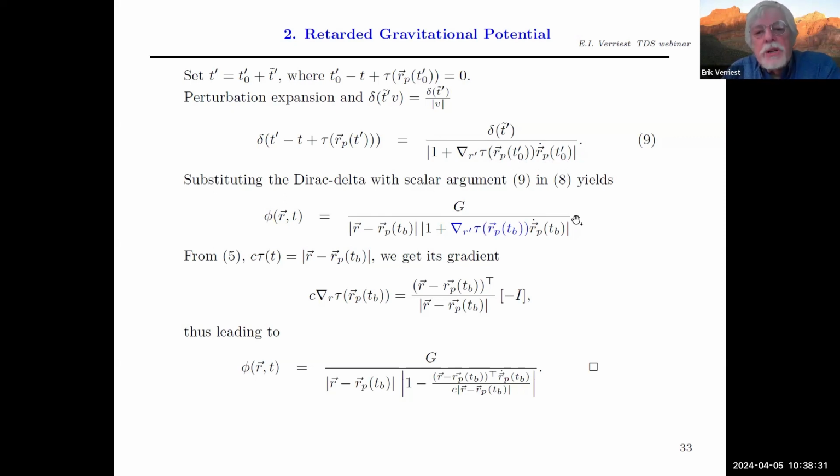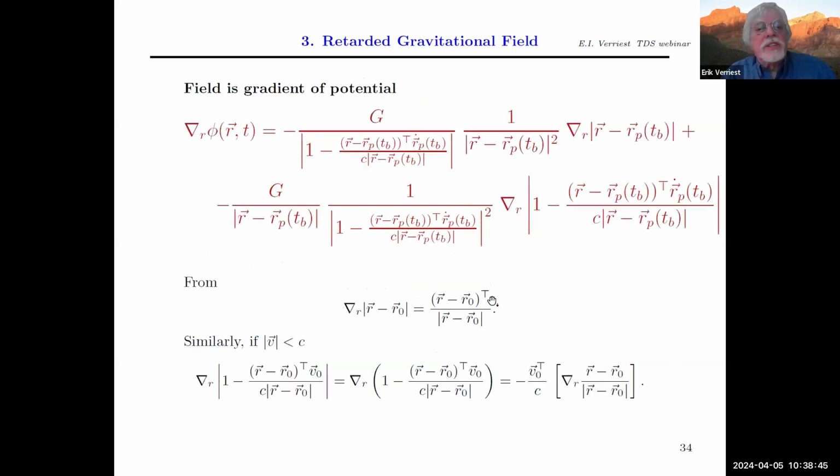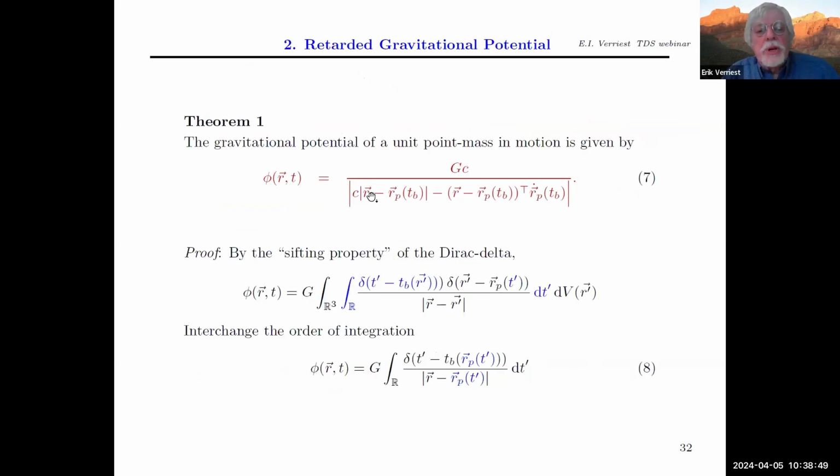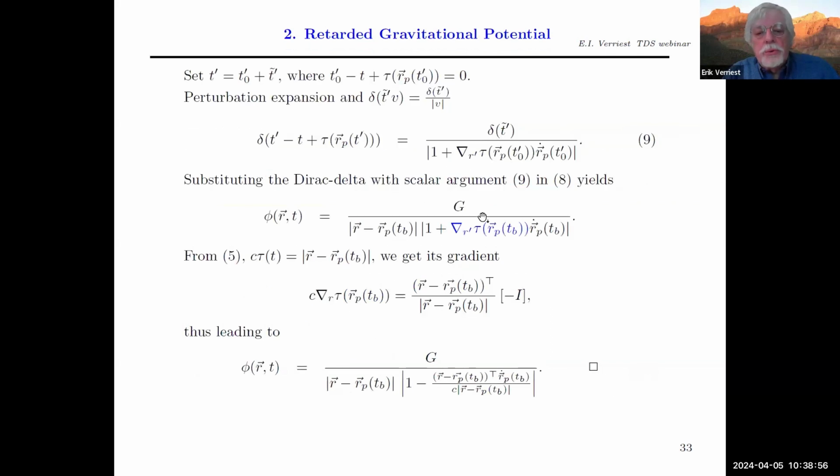So we substitute that in the equation for the scalar potential and compute the gradient. And that's when I derive this formula. So this formula is actually somewhat nicer than this one, because I pull out the r minus r p that's here in both terms. I pull it out over here. Okay.